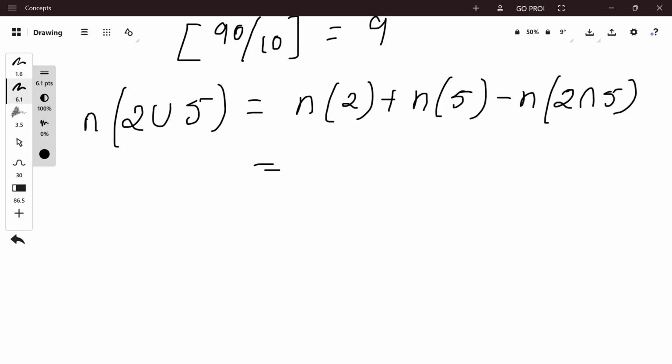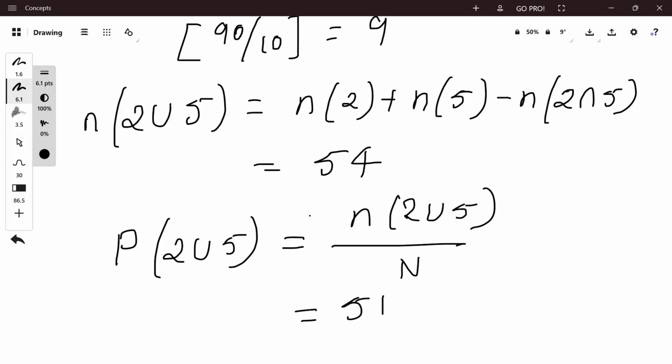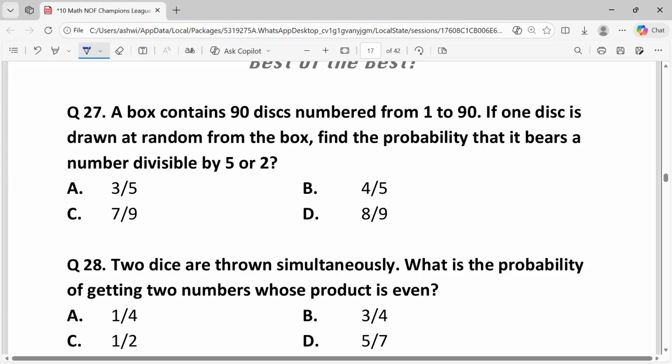That is equal to 54. The probability P(2 union 5) is equal to n(2 union 5) upon n, that is 54 upon 90, which is equal to 3 by 5. From the given options, the answer is A, 3 by 5.